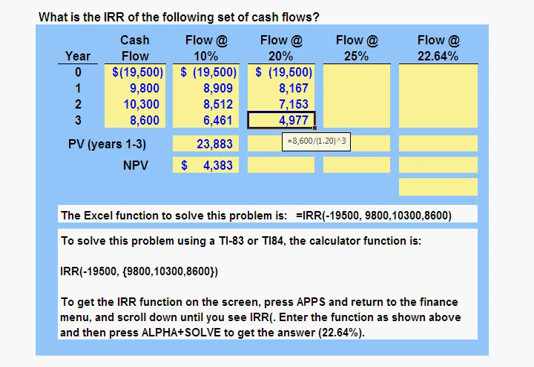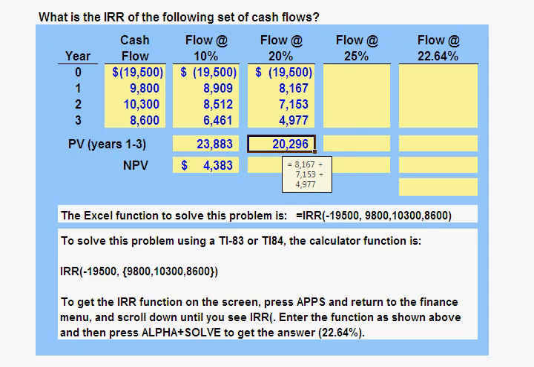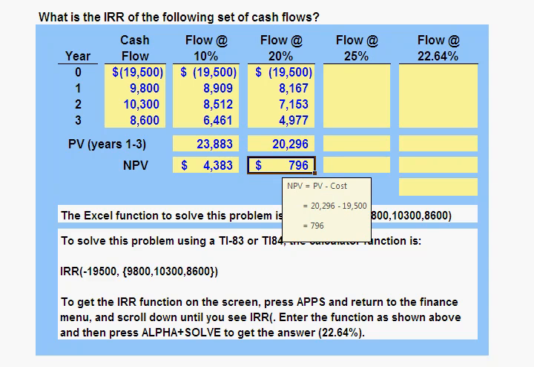And the year 3 cash flow will be discounted back 3 years at the same 20% interest rate. When we sum together the present values for years 1 through 3, we get a present value of $20,296. When we subtract the project's initial cost of $19,500, we find we have a net present value of $796 when our required rate of return or discount rate is 20%.